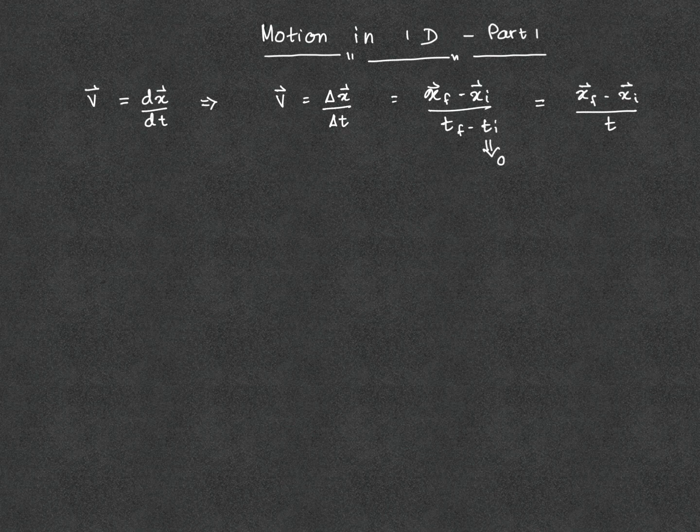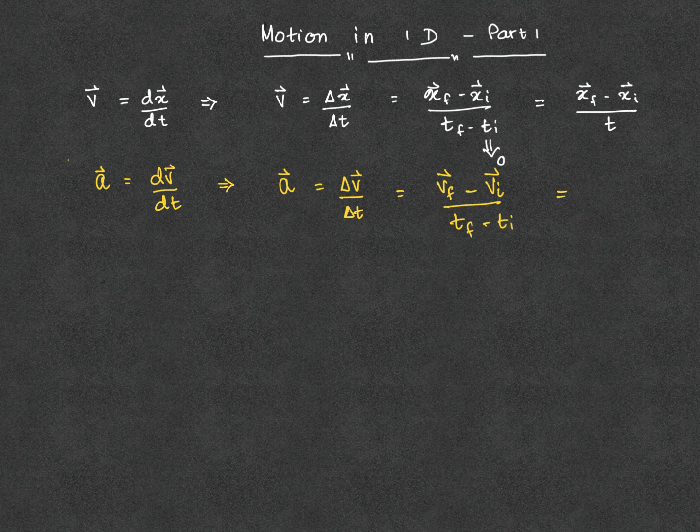Now, similarly, we got the equation for acceleration, actually a definition for the acceleration, and we called it dv by dt. And as discussed before, at the intro level, we can write it as dv over dt. And dv, if you expand, that was going to be v final minus v initial over t final minus t initial.